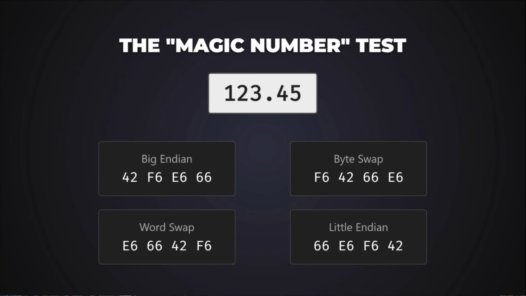For example, if 123.45 is represented as 42F6E666 in standard Big Endian, check if the received sequence matches 42F6E666, which is standard Big Endian, or E66642F6, which is swapped word Big Endian, or F64266E6, which is Big Endian Word Little Endian Byte, or 66E6F642, which is swapped word Little Endian. This systematic comparison immediately identifies the required permutation for the system analyst's parser implementation.